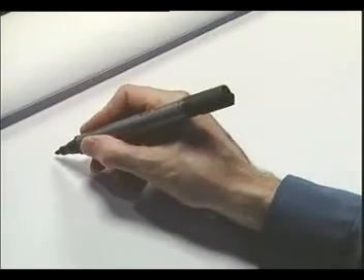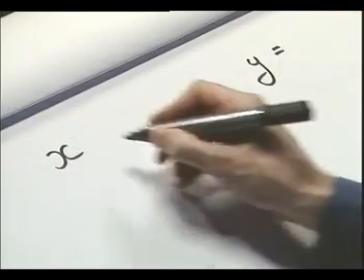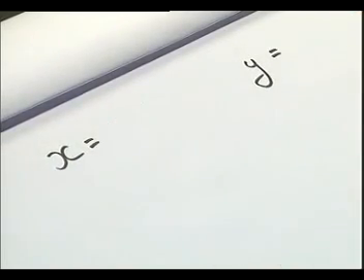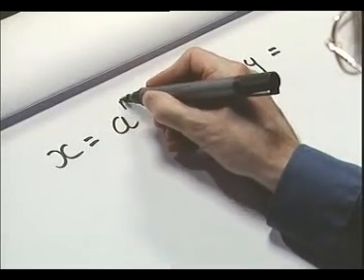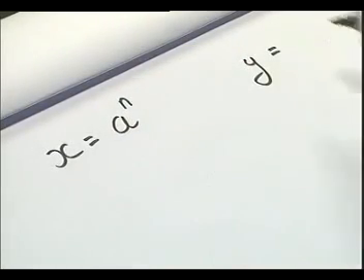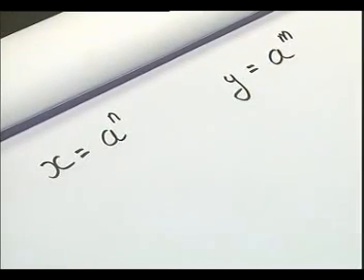Let's take two numbers x and y. And what we want to be able to do is multiply x and y together as a general thing. So we say x is a to the power n, and y is a to the power m.